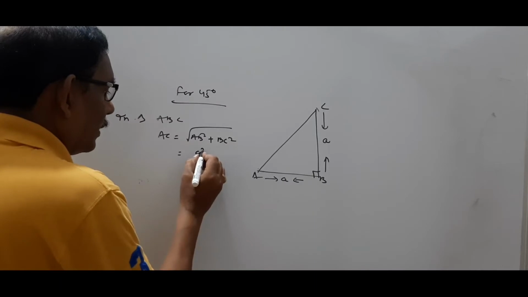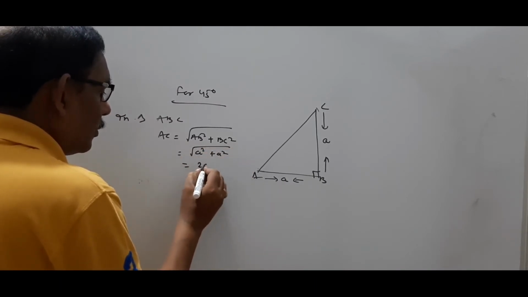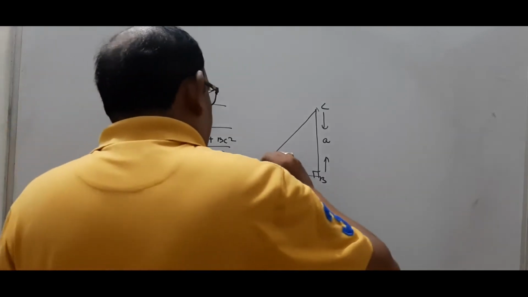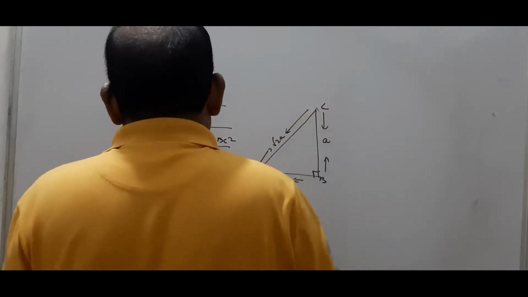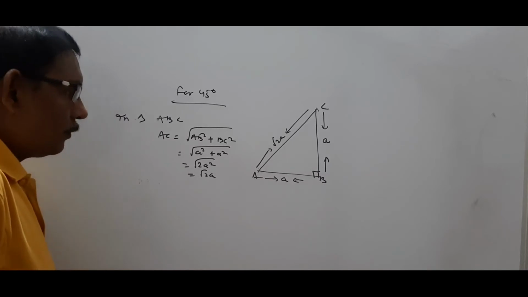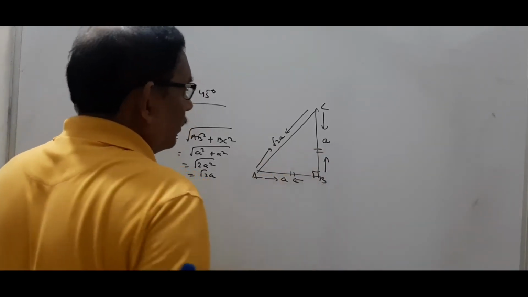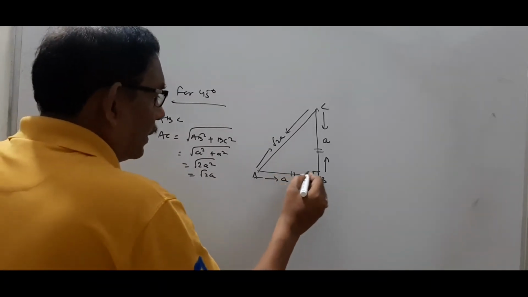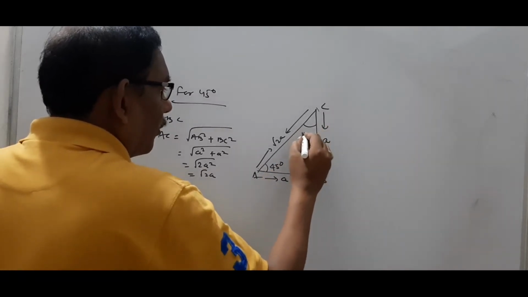Put here a square plus a square. This is your 2a square, so AC is root 2a. It is an isosceles right angle triangle. Now, if it is 90 degrees, then the other angles must be 45 degrees and 45 degrees.